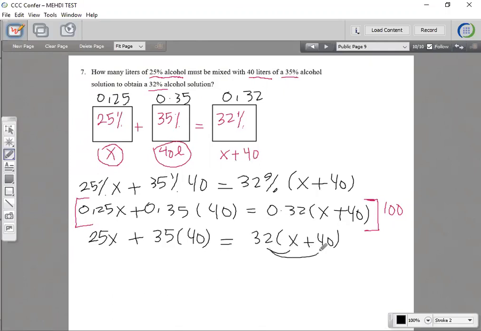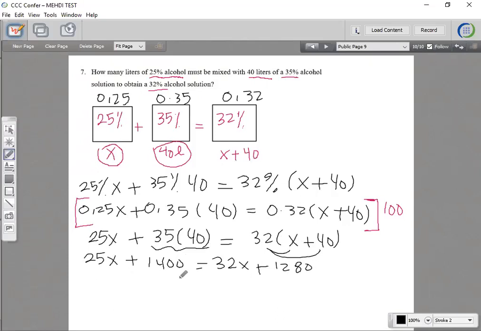Now I can distribute. I get 25x plus 35 times 40, which gives me 1400. That gives me 32x plus 32 times 40, which gives me 1280.